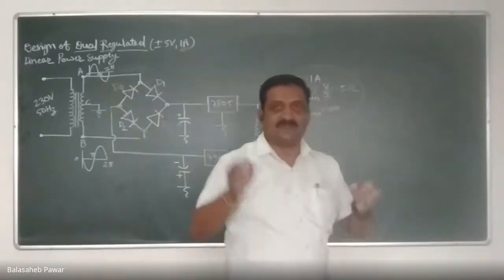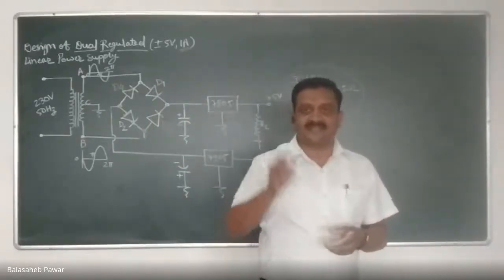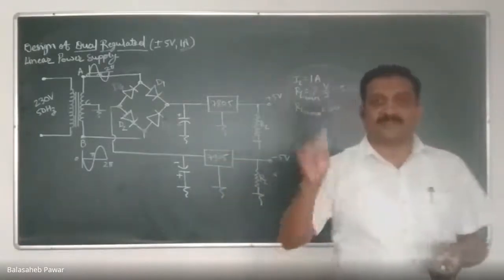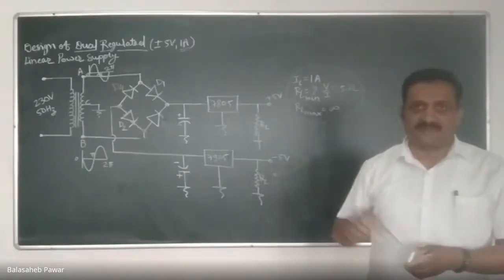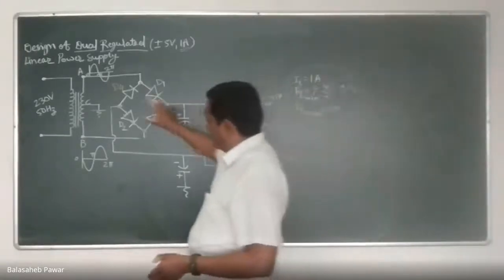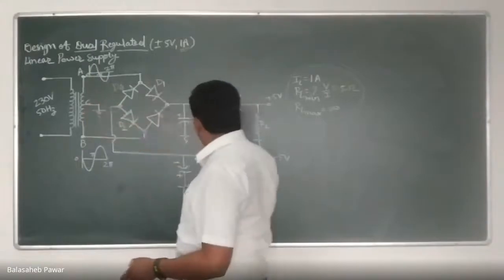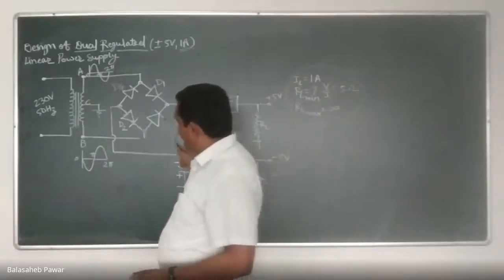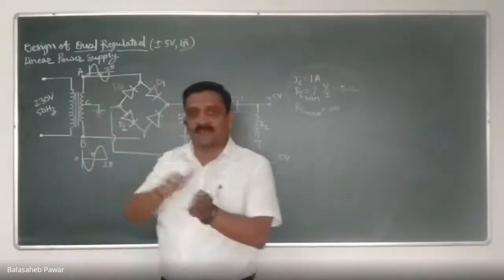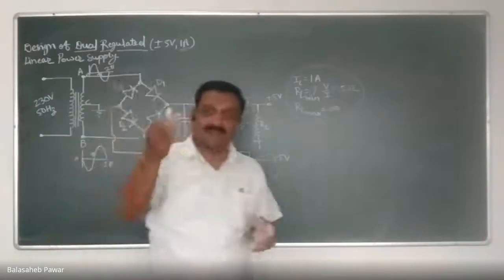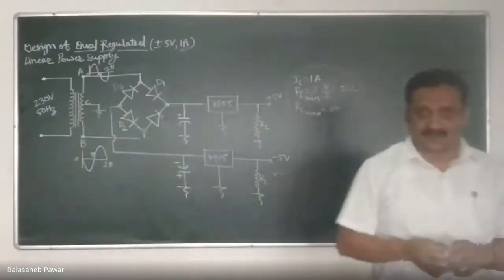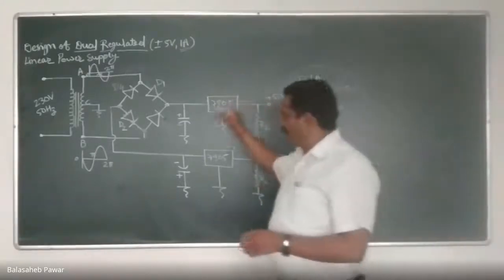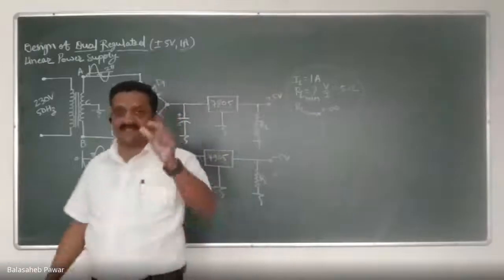That means if it is, for example, 12 volts, then your selected transformer should not be simply a 12 volt transformer, because the half secondaries are responsible for providing both positive as well as negative DC voltages. That's why the half secondary should be powerful enough in terms of voltage rating, so that it produces the required DC voltage. So whatever calculation you perform here will be only for the half secondary.